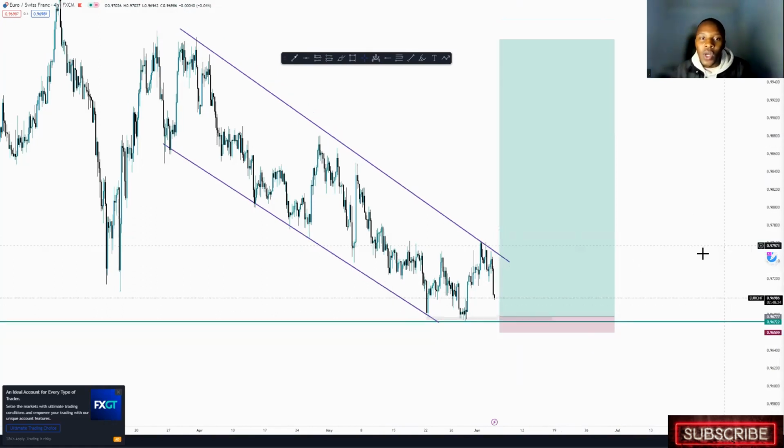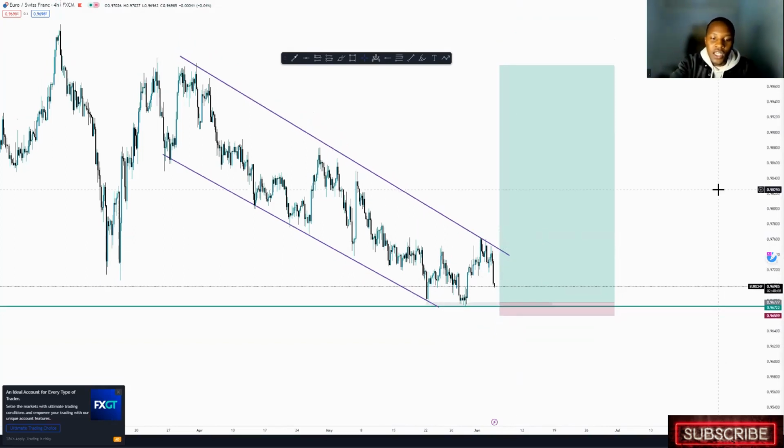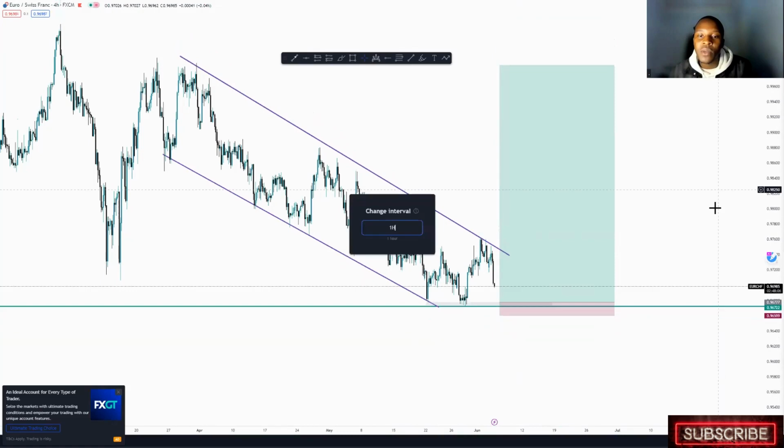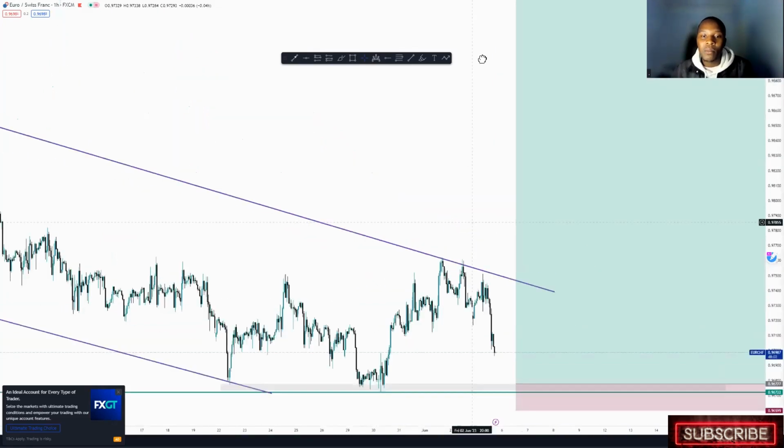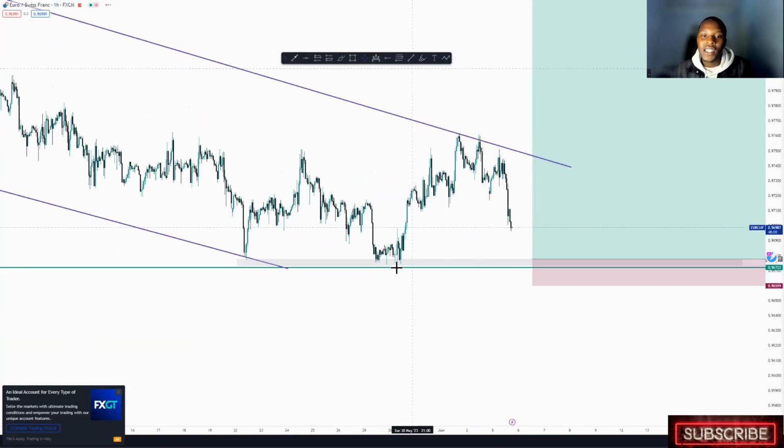So for me, what I think will happen on Euro CHF is the possibility or the probability might probably be with the buyers, but it all comes down to what the market is going to do when it reaches this level over here. All right. So again, I'm not going to dwell too much here on the 1-hour time frame because I feel like it's all clear here. But what I can just add here is the 90% rule, because of the impulse move, we have this correction over here.